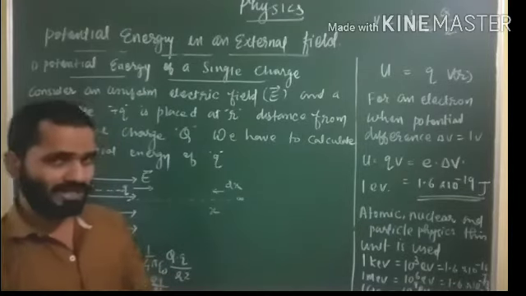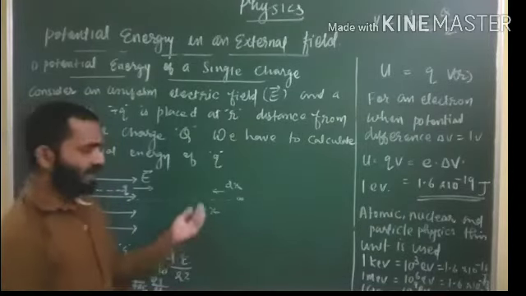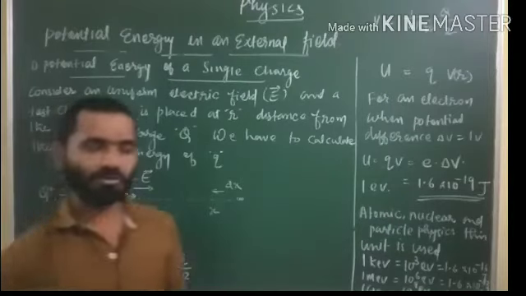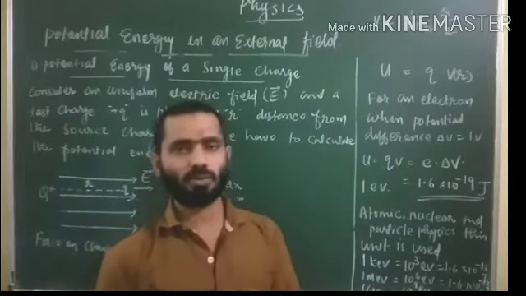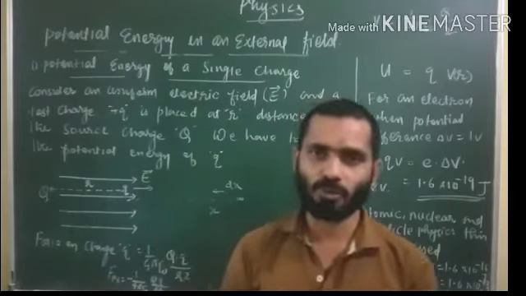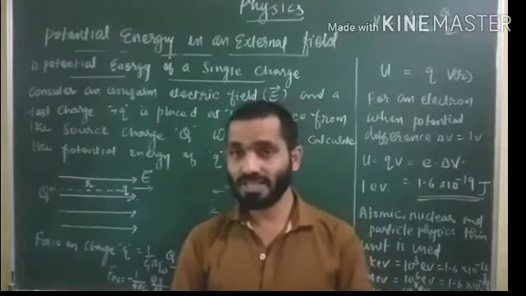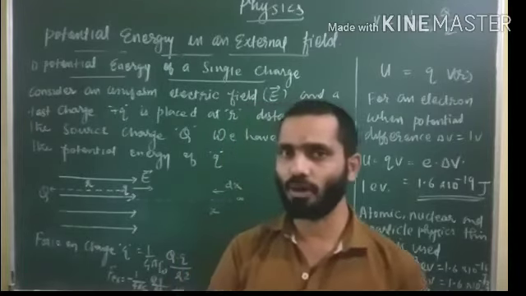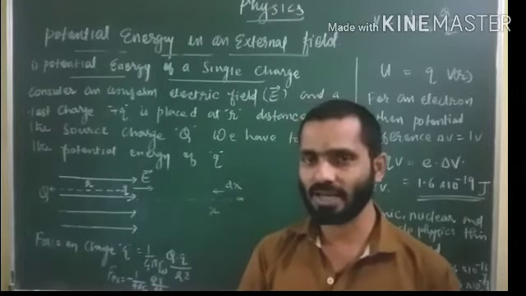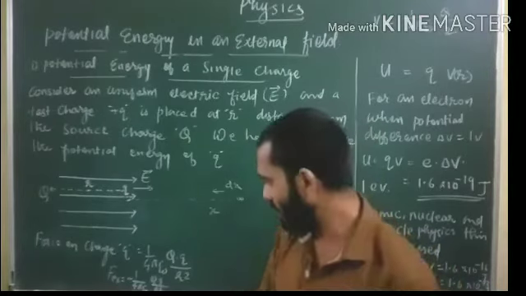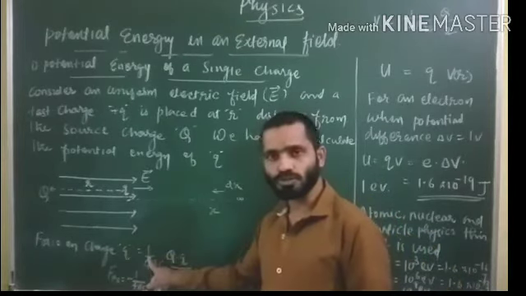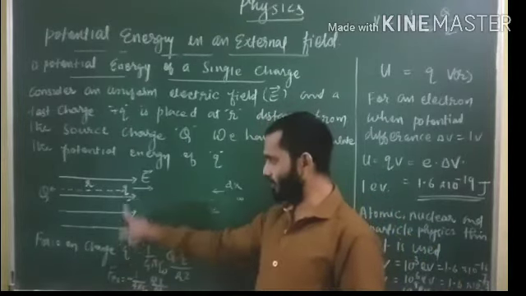Now why do we want to write this F external? Because we want to calculate the energy, which means we have to calculate the work. And work is equal to F s, force into displacement. So there, how much force we want to apply, this we want to understand. That we are estimating from this Coulomb force. How much Coulomb force is acting on this charge?